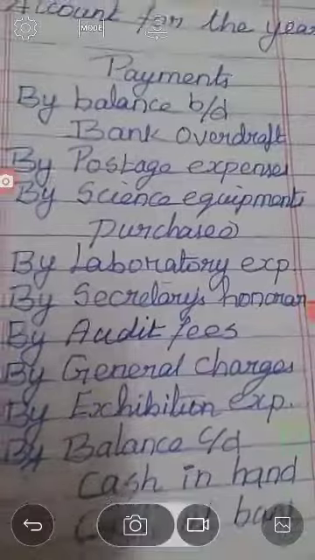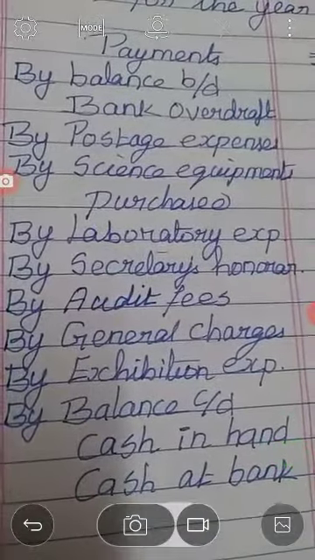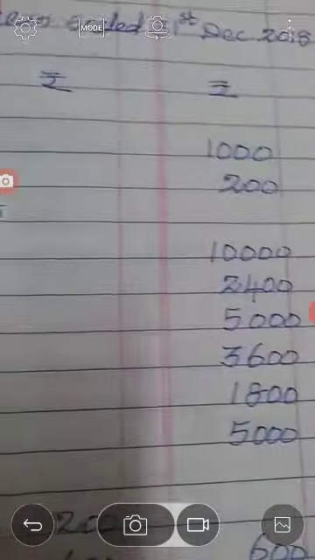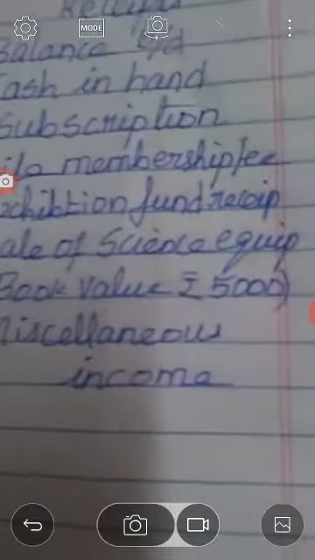You have to put a heading science equipment on the asset side. Opening stock 5000. Additional purchase is 10,000. The sale of equipment has a book value of 5000, so minus sales. It should be shown on the asset side of the balance sheet.